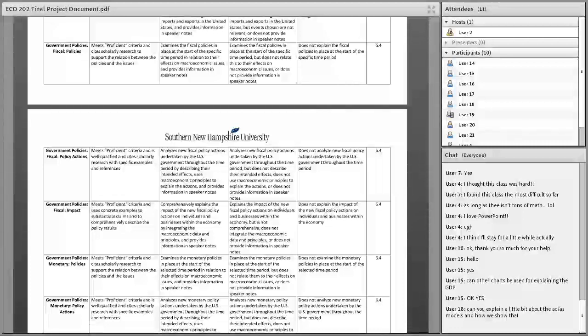But what you can do is you want to use a model and you want to show how an expansionary fiscal policy would cause economic growth. What you can do is have one graph that has your ADAS curve at the beginning, equilibrium at the beginning of the policy, and then after a year or two, if that fiscal policy was successful and there was economic growth, you can show how shifting AD to the right increases the GDP and increases the price levels.